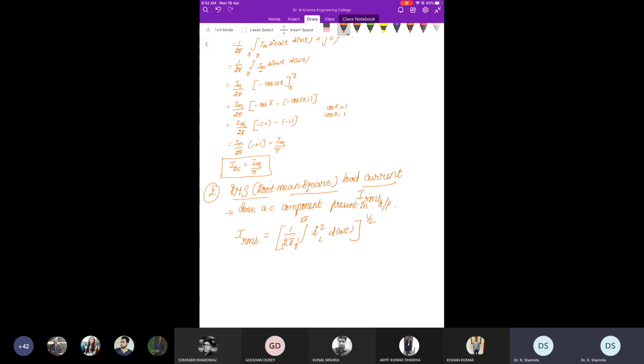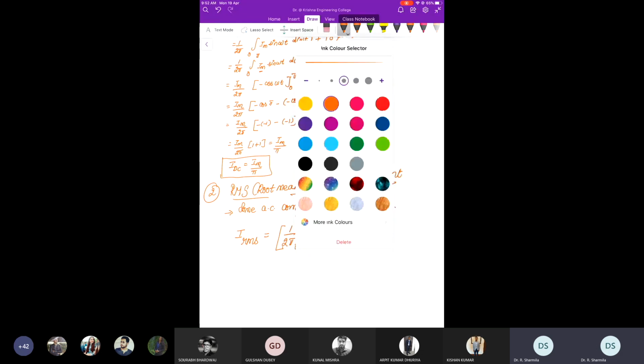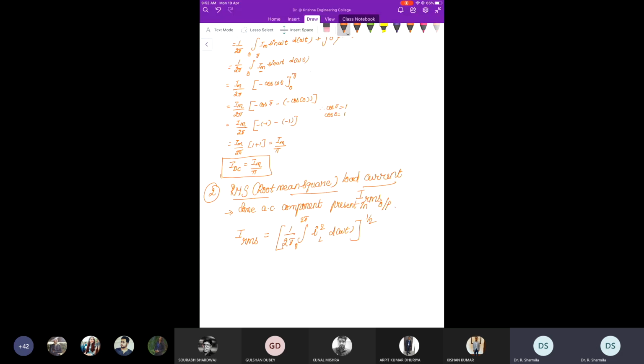If I explain why we go for RMS values, it will take another class. Same procedure only. You know the value of IL: IL is nothing but Im into sin omega t.